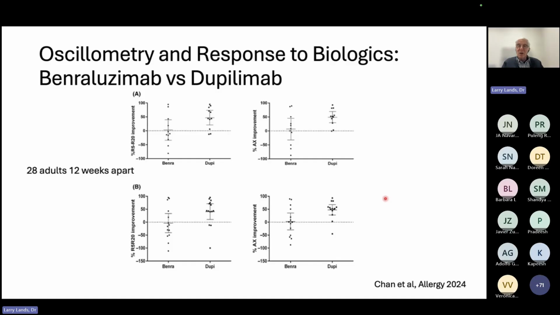Is this the biologic I should use? It's a small sample size. It's a short-term study, but it's just pointing to that oscillometry can be somewhat helpful.